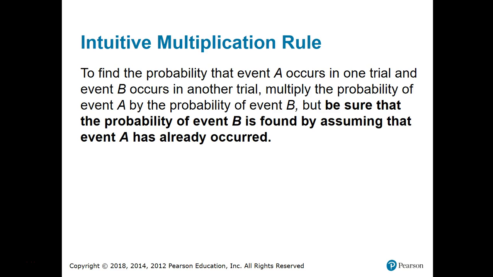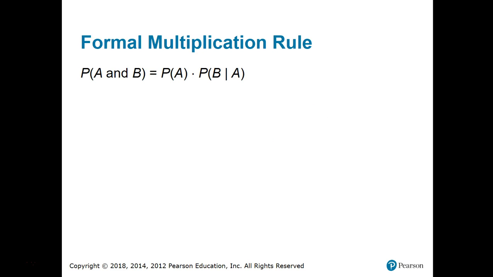Okay, so what they're saying is, in a weird way, the probability of A and B is equal to the probability of A times the probability of B given A. So the chances of it raining and being cloudy are the chances of it raining times the chances of it being cloudy given that it's raining.